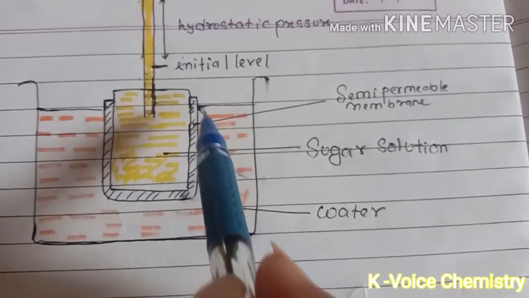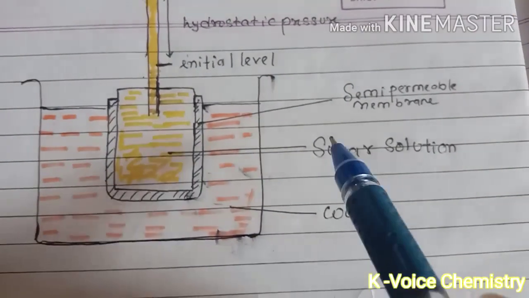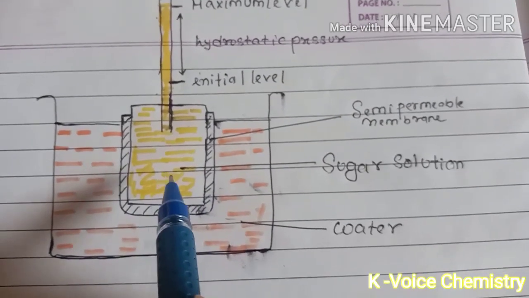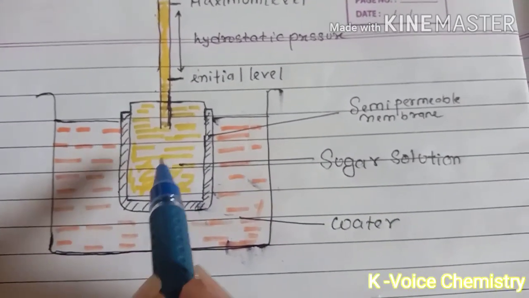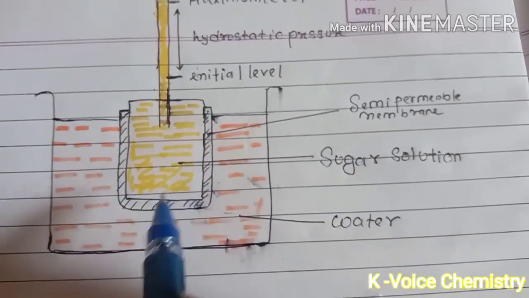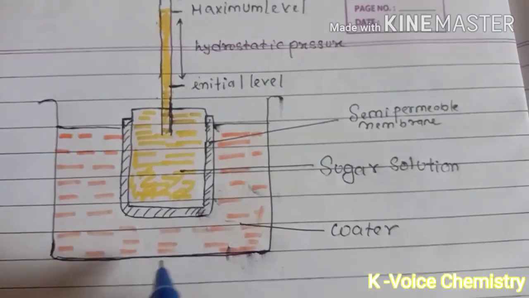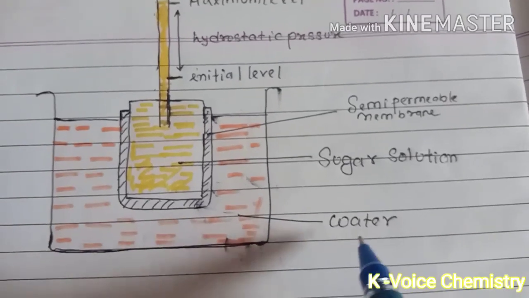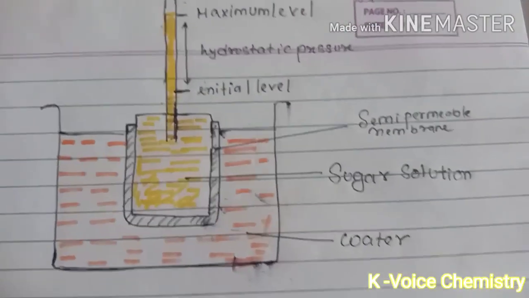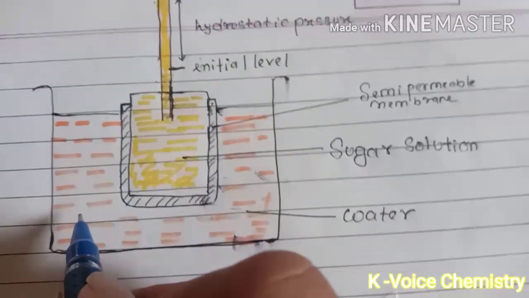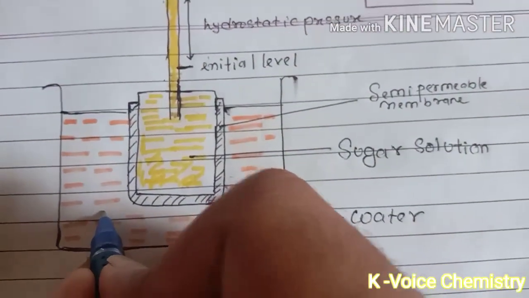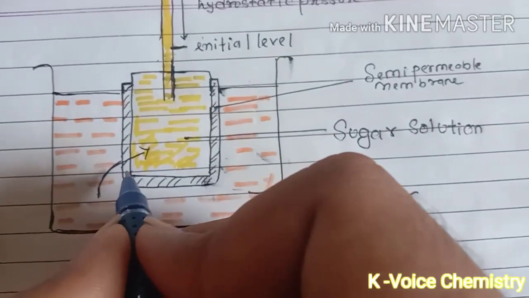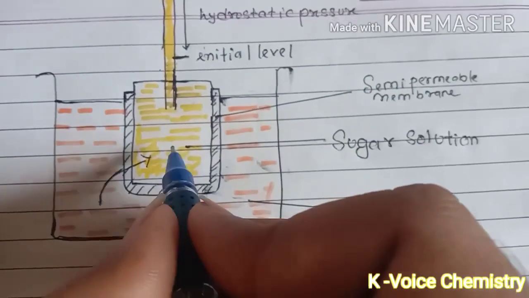The porous pot has a deposit of copper ferrocyanide in its pores. Inside the porous pot he filled the sugar solution, and outside the porous pot there is a vessel filled with water, which is the solvent. What will basically happen? The water is a pure solvent, so it tends to flow inside the porous pot, crossing the semi-permeable membrane, into the sugar solution.